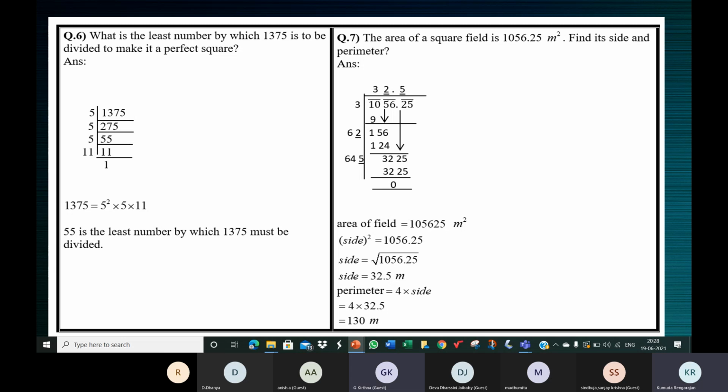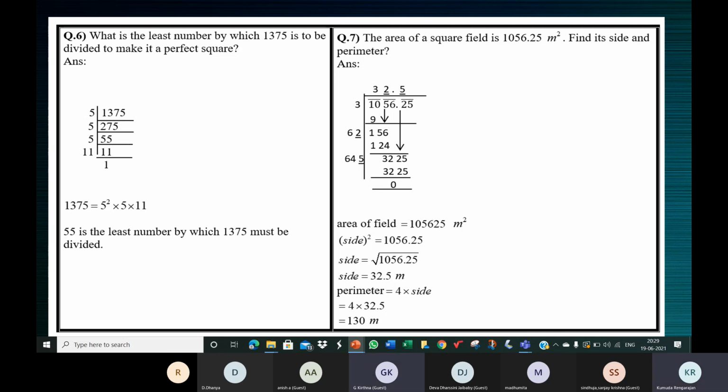After 306, tell me again: 306 divided by 2 or 3? 3, ma'am. Okay, divide by 3. What did you get? 102, ma'am. And then that also I divided by 3. So I got 34, ma'am. Correct. No, darling, you should divide by 2 further.